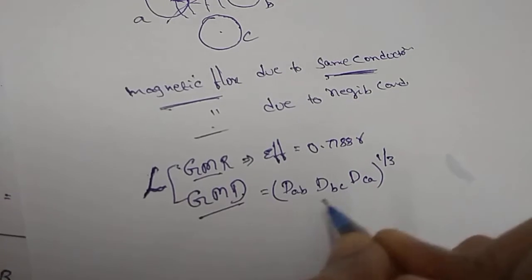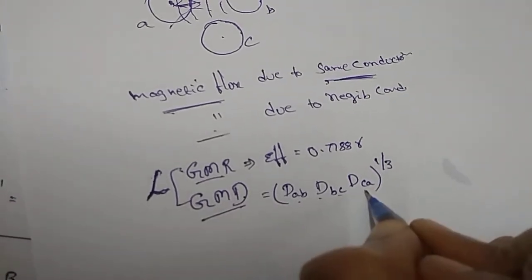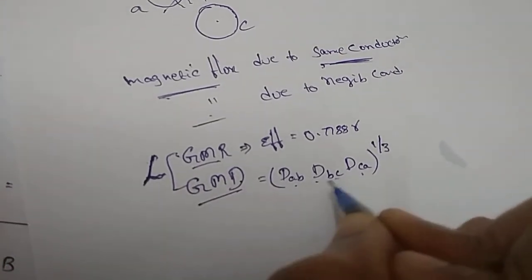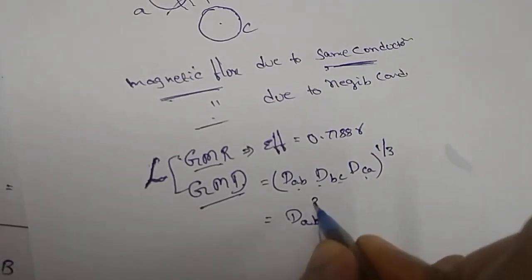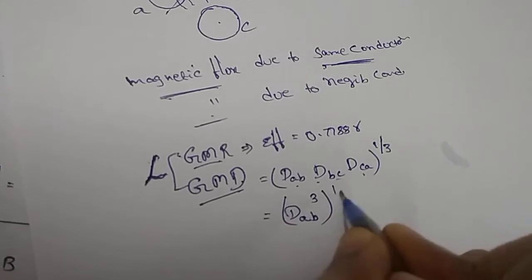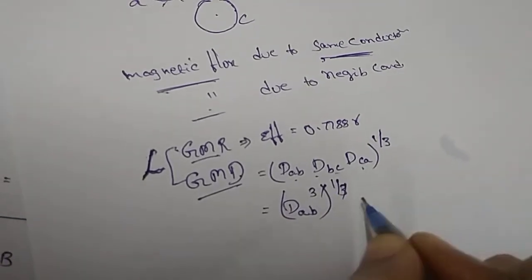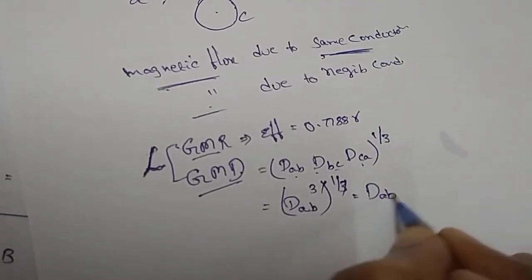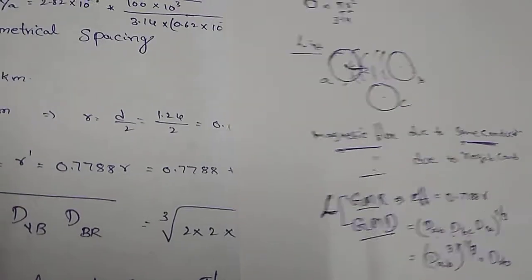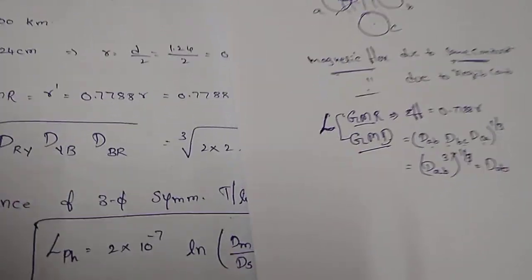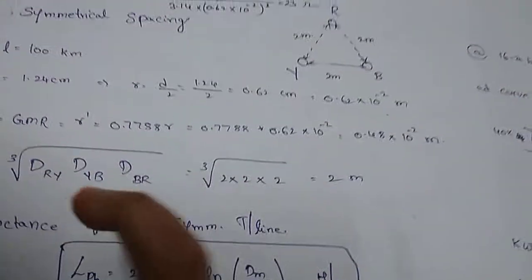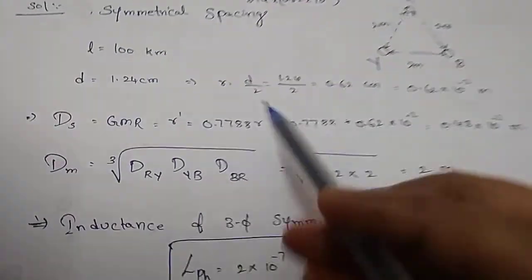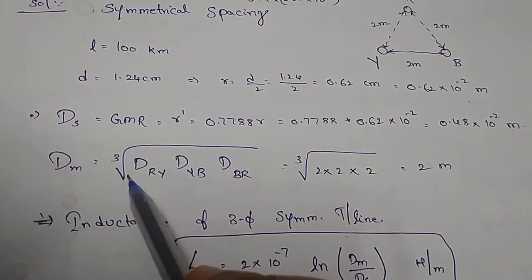Since it is a symmetrical one, all 3 are the same values, so it is the cube, whole power 1 by 3. So the GMD value in the symmetrical case is the same as the spacing. So I am calculating the GMR and GMD values.